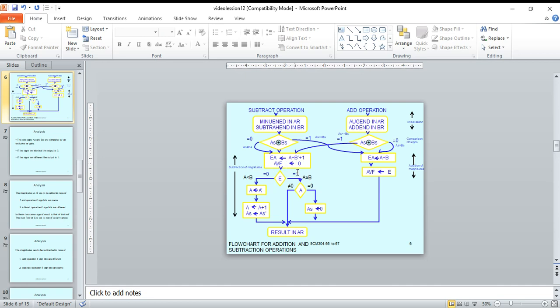So b complement: as I told you, b is 0 1 0 0. For that we get the ones complement 1 0 1 1. We get the two's complement by adding 1 to the ones complement result.